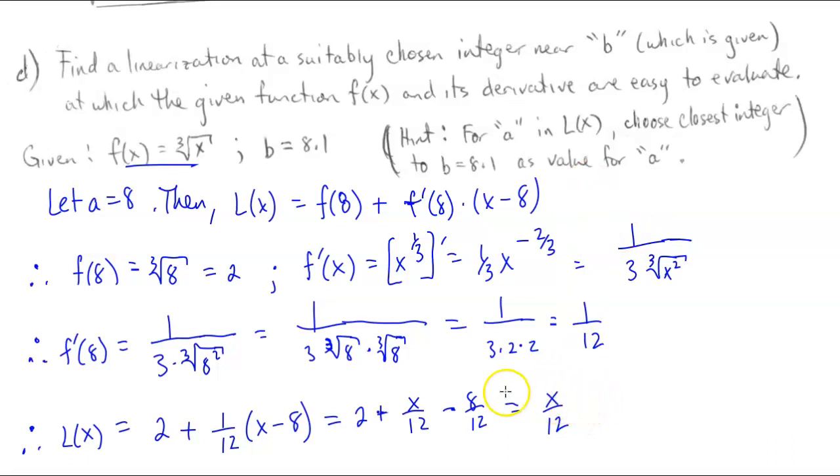Here we know that 8 divided by 12, both of these have a common factor of 4. So 4 goes into 8 2 times, 4 goes into 12 3 times. And so we just have here 2 minus 2/3.